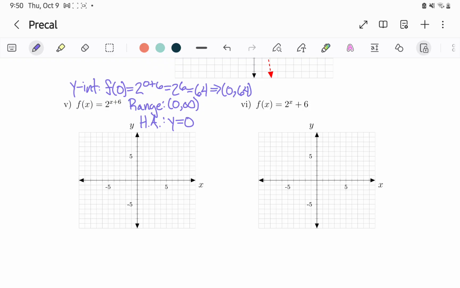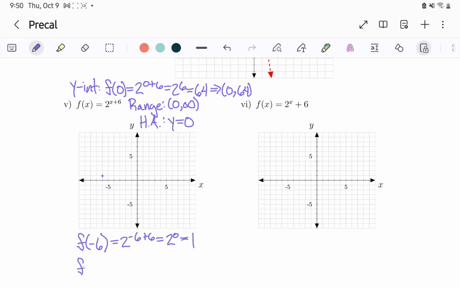All right, so we can't really plot our y-intercept here, but what we can plot is, when x is equal to -6, and I guess I'll actually write out some of our work this time. f of -6 is equal to 2 to the -6 plus 6, which equals 2 to the 0, which equals 1. So our graph is going to go through the point -6, 1, which is going to be right here.